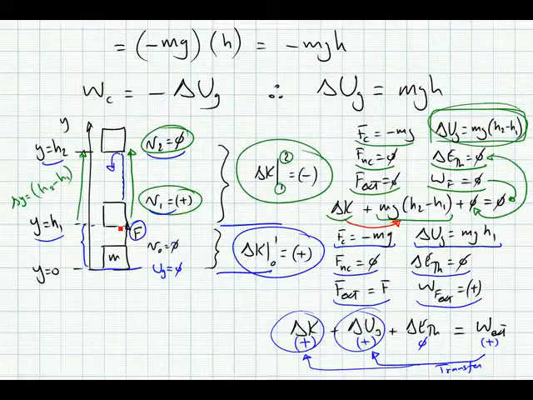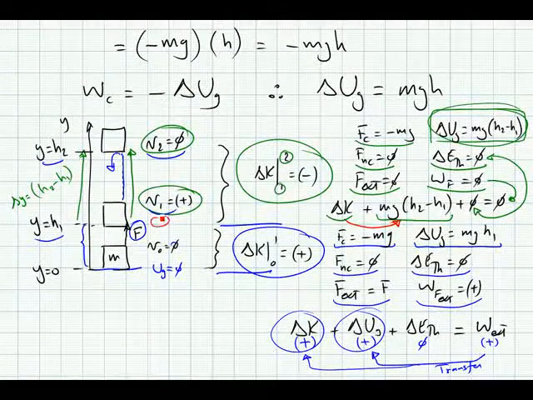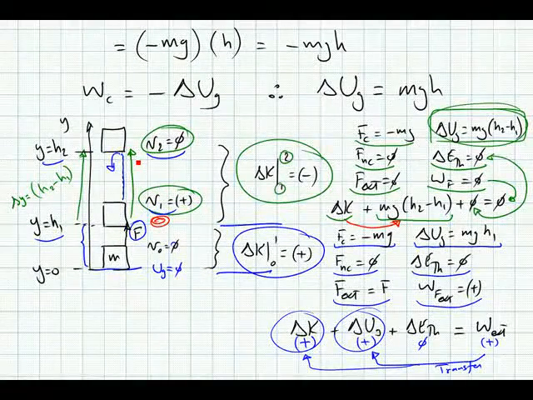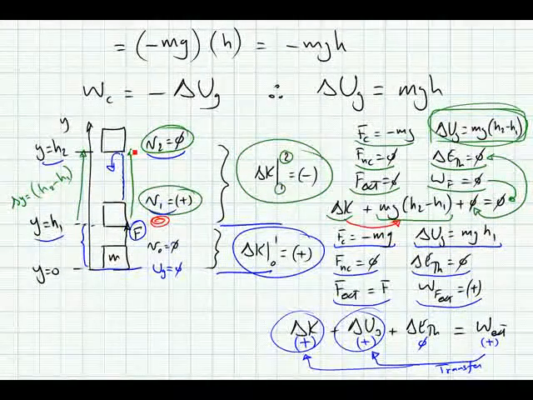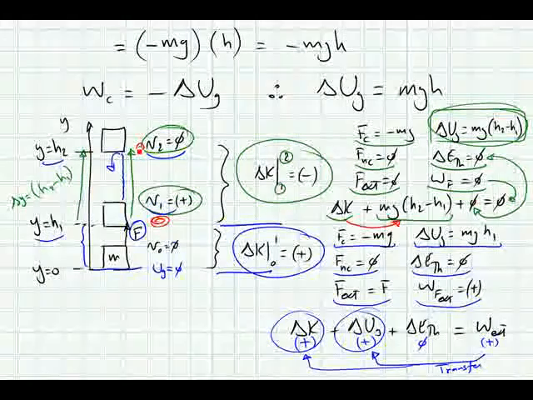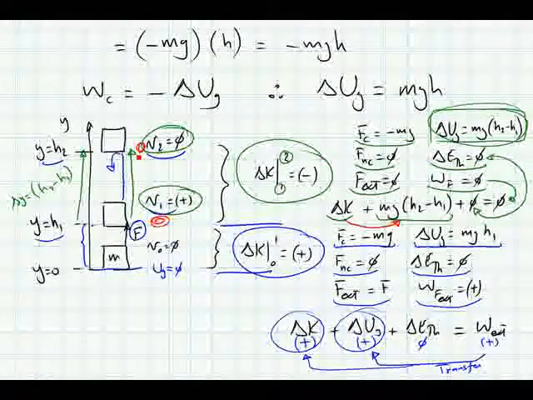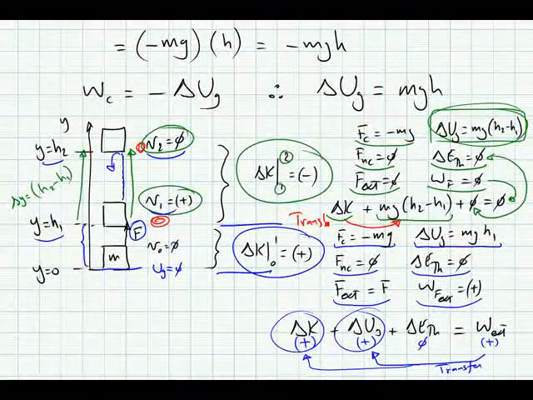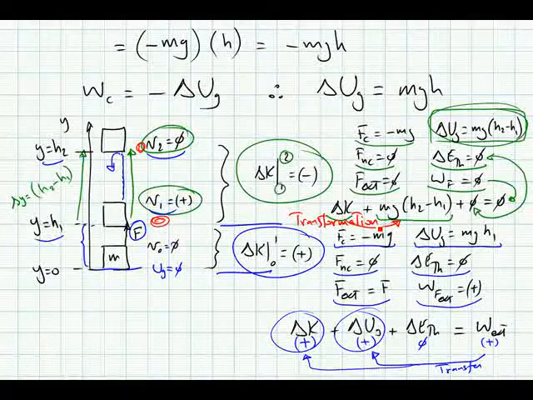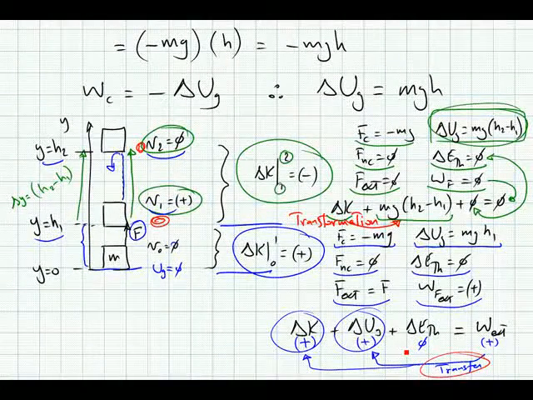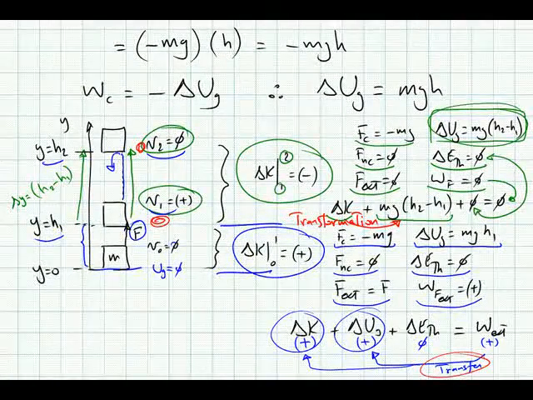The kinetic energy that the object had at this level got transformed into potential energy at level 2. So this is a transformation of energy, as opposed to the transfer of energy that we had before.